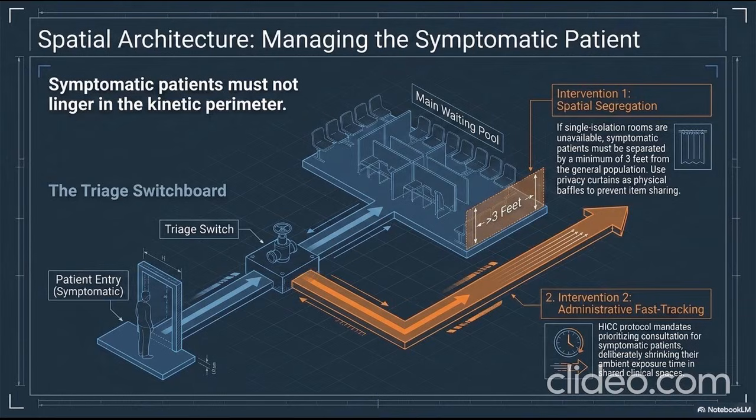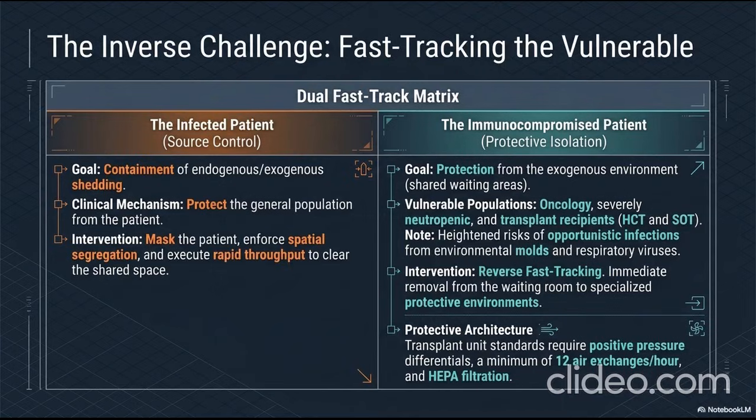Second, point-of-care decontamination. Heavy reliance on alcohol-based hand rub, ABHR, as traditional sink washing is often operationally impossible between every rapid encounter. Third, environmental reset. Aggressive surface disinfection and rapid waste management between patient cycles.